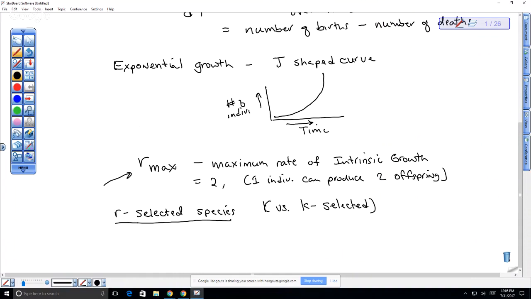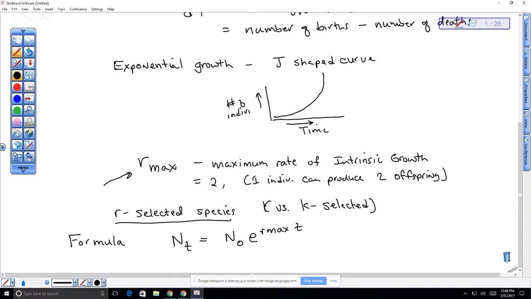Now, when we look at the formula for exponential growth, there is a formula. And we're going to talk about logistic growth in a minute. But dN over dt, and so this is the change in the number of individuals in a given period of time, the population size, is equal to N sub 0 e to the R max times t.